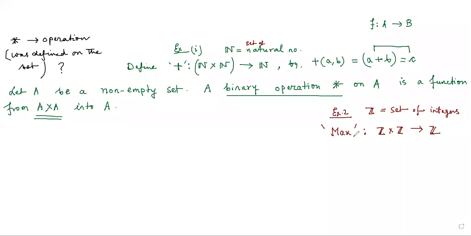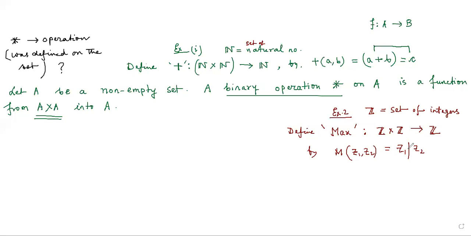Then we define this max in the following manner. If I choose two integers, small z1 and small z2, then we get an integer which is either of these two. This result can be either z1 or z2, as the case may be.